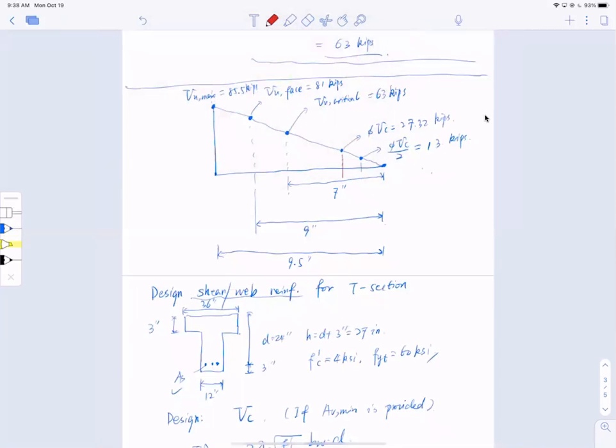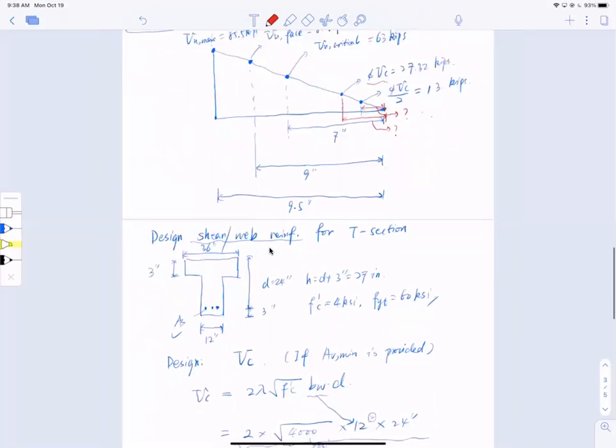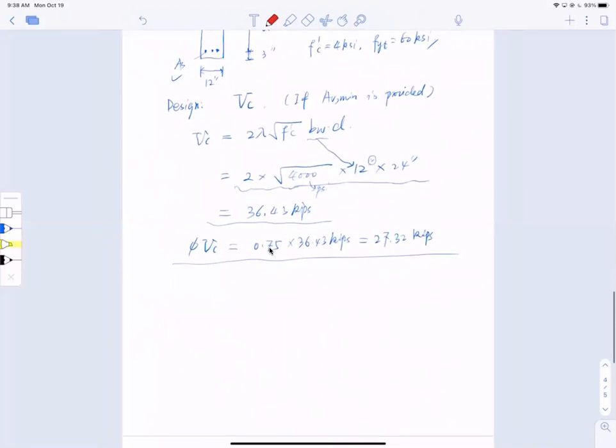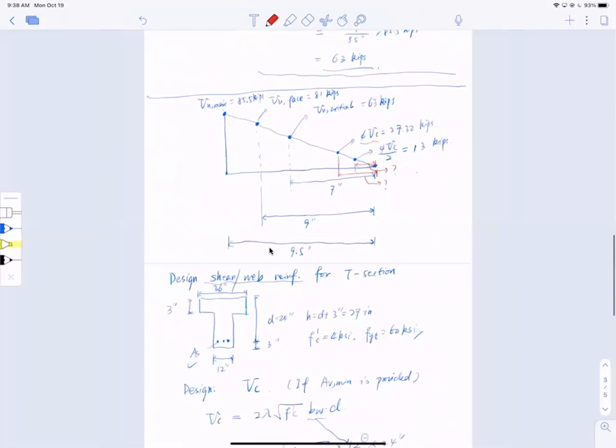I want to find the distance between the center span and my phi Vc here, and the distance between half of phi Vc and my middle span. So for phi Vc, I have a distance set equal to x1, and this is x2.